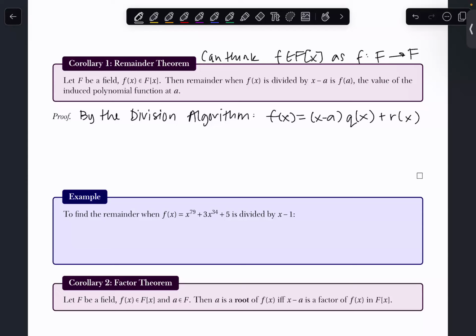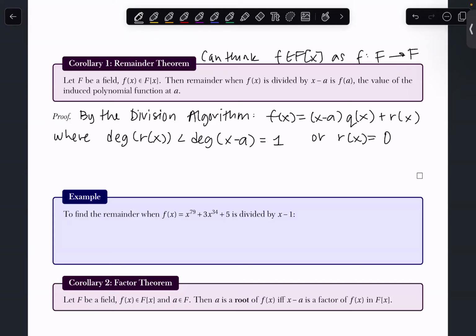There's a unique way that I can do this, and I know I can always do this, where the degree of r has to be less than the degree of my x minus a, which is equal to 1, or my remainder is going to be the 0 polynomial.